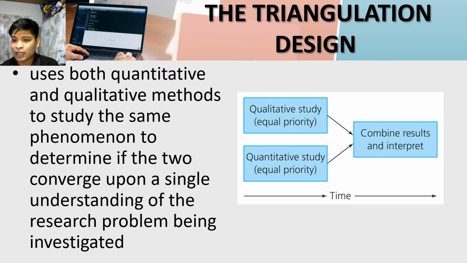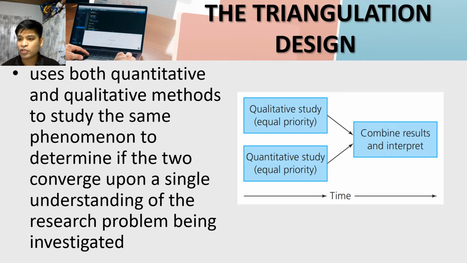All data are collected simultaneously using quantitative and qualitative approaches, and they can be examined together or independently. In order to examine both types of data, it could be necessary to turn the qualitative study's data into quantitative data or the quantitative data into qualitative data.